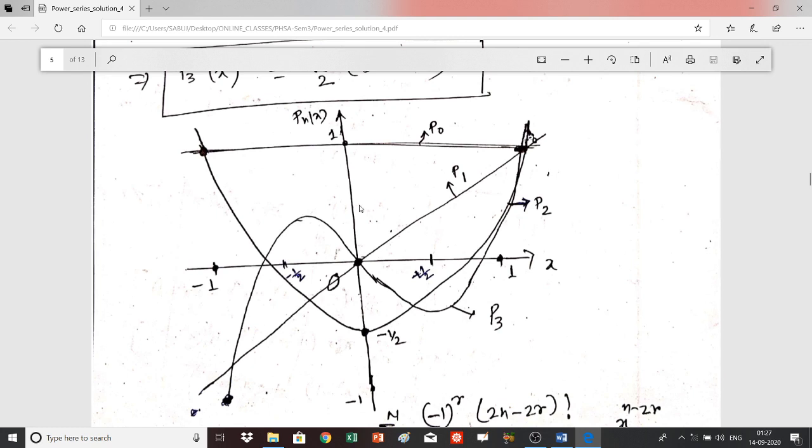If x is 1, then P1(x) will be 1, that is here. In a similar fashion, when x is minus half, P1(x) will be at that point, and for x equal to minus 1, P1(x) will be here, this is minus 1.